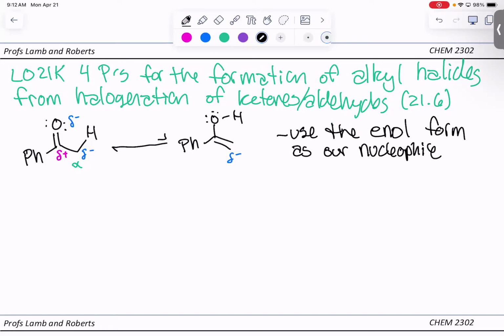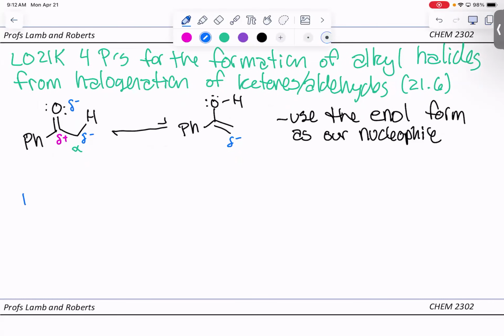Okay, so how we're going to start this out is we're going to draw our ketone as our nucleophile, and we're going to draw it in the form that exists most of the time, right? So we double check that this has an alpha hydrogen. Of course, it has 3 alpha hydrogens. We don't need all of them, so I'm just going to draw one in, and this is our nucleophile. And then we're going to have our electrophile.